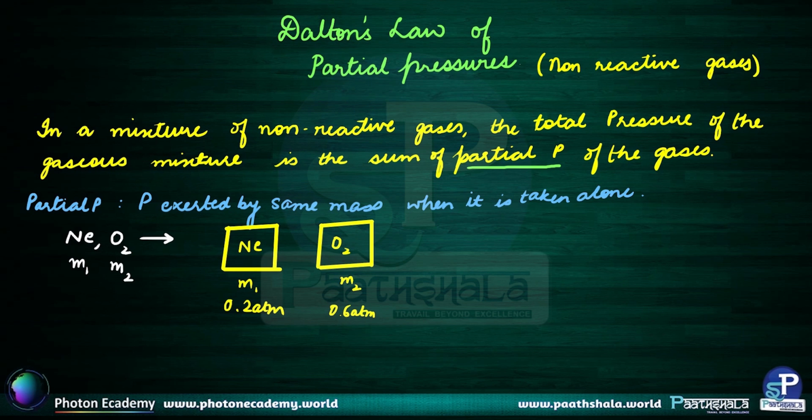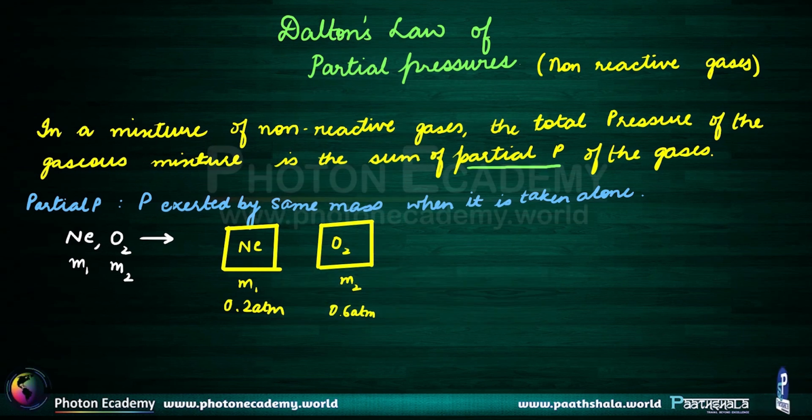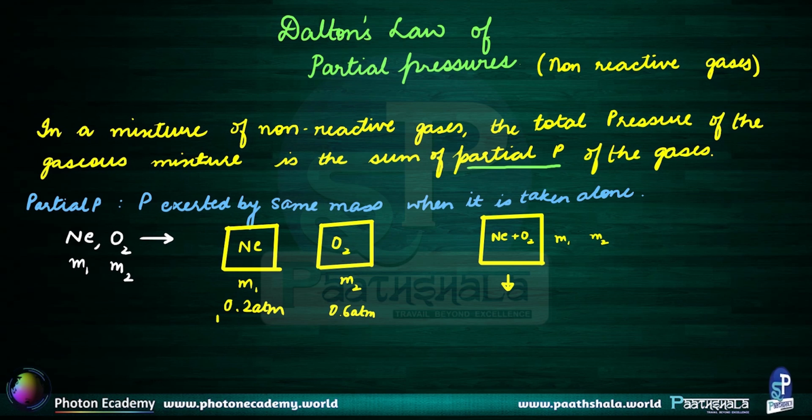When you mix both of these in a container of the same volume, that is, the container now has neon plus oxygen, with the same masses, m1 of neon and m2 of oxygen, the pressure exerted would be the sum of their partial pressures.